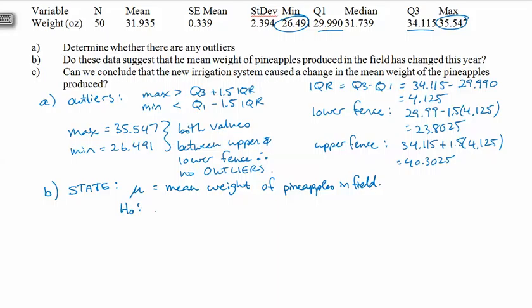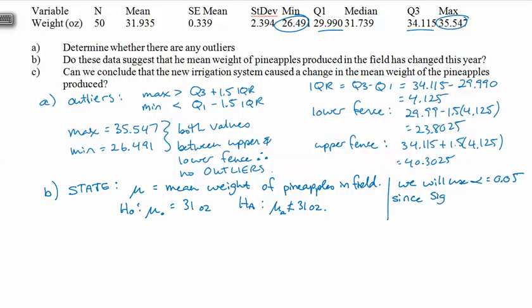Our null hypothesis is that the mean is 31 ounces, and our alternative hypothesis is that the mean is not 31 ounces. And that comes back to, do the data suggest that the mean weight has changed? So we're not saying whether it's gotten bigger or smaller, right? And we will be using alpha equals 0.05 as a standard, since the significance level was not stated.